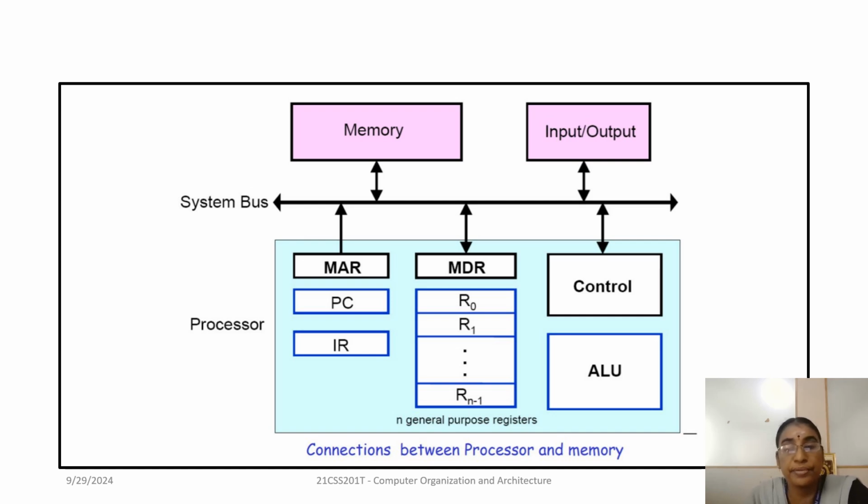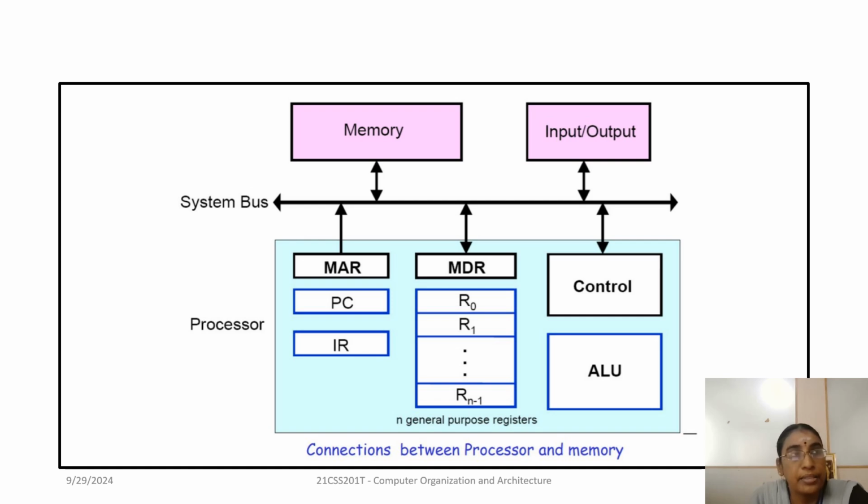Whatever instruction we are executing inside the program, the instruction's address is pointed out by the PC. IR is the instruction register, which holds the current instruction being executed inside the processor. MDR is the memory data register, which holds the data.